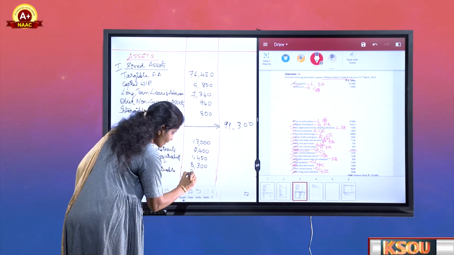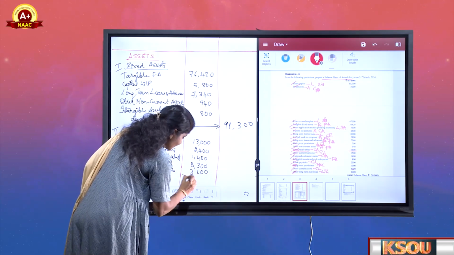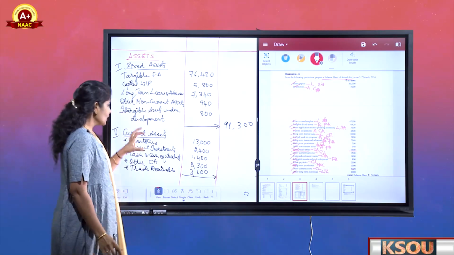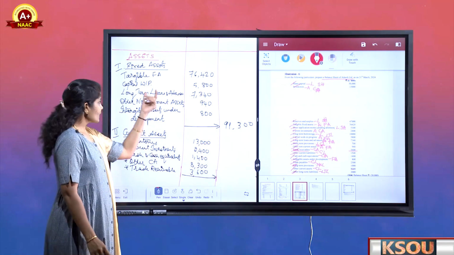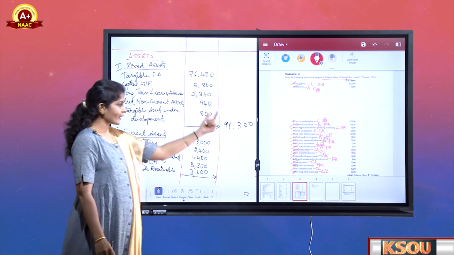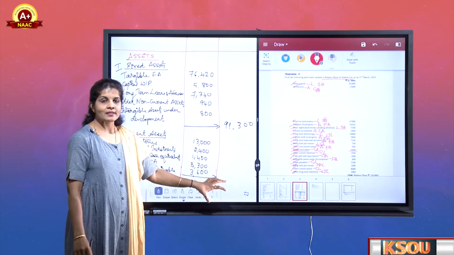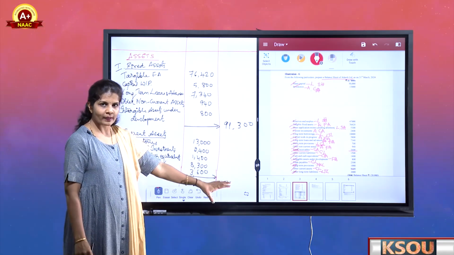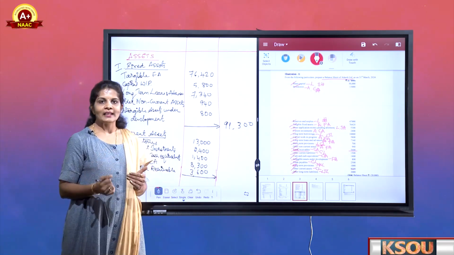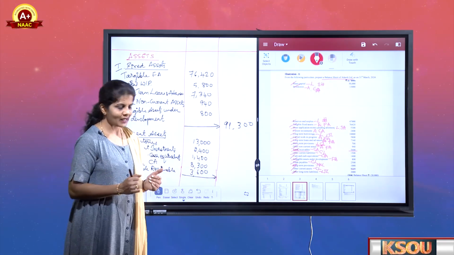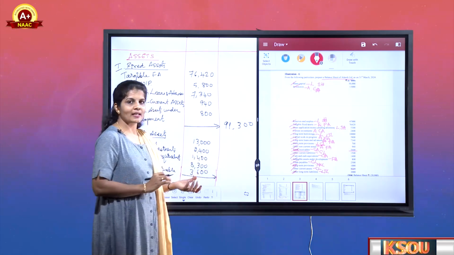We will take the total to the outer column, the total of current assets. Then the total fixed assets and the total current assets, called total assets, should be 1,20,000. As we have got the total equity and liabilities as 1,20,000, we should also get 1,20,000.